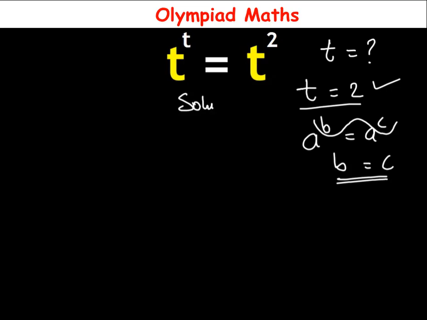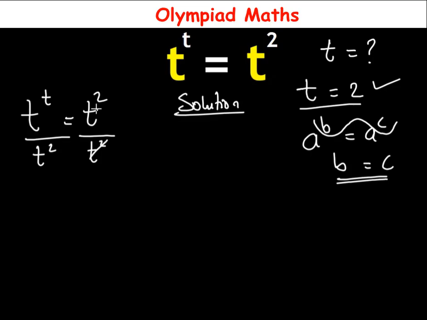So solution, we have t raised to power t is equal to t raised to power 2. Now from here, first divide both sides by t raised to power 2. This divided by this, you have 1. Now you have t raised to power t over t raised to power 2 is equal to 1.